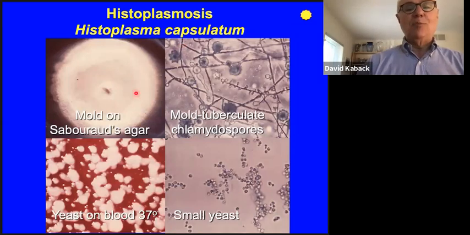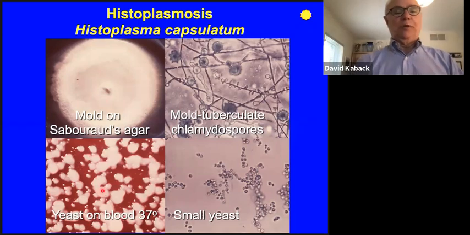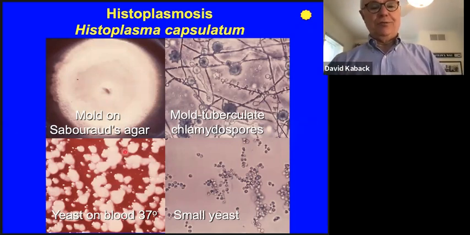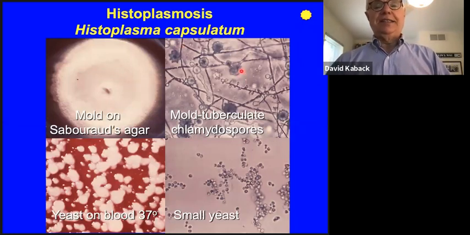It is a classically dimorphic mold yeast. At 37 degrees, it lives as a yeast, which is what we find in infected tissues. You grow that yeast on Sabouraud's agar, you find a mold that exhibits tuberculate chlamydospores, shown here.